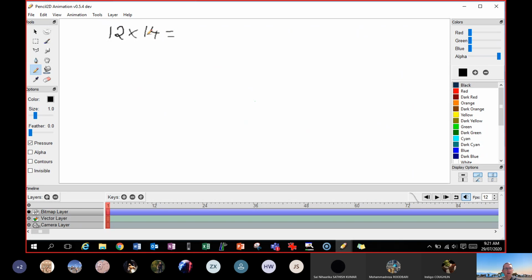Plus another 2 12s is 24. So what you've actually done in your head is you've gone with 12 12s, which is 144, plus you've done another 2 lots of 12, which is 24.